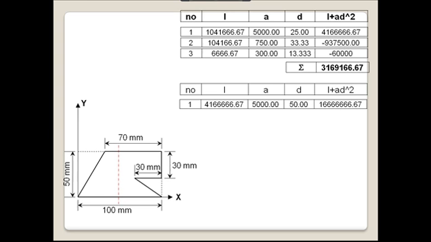It is 1 by 12 into 50 into 100 cube. If you do, you will get this number, 4166666.67. Area continues to be 5000, and D, the distance between the red dotted line and the y-axis, is 100 by 2, that is 50, and then there is I plus AD square.